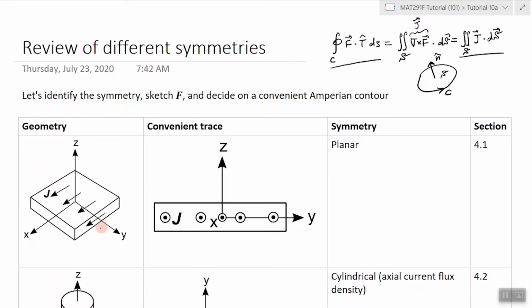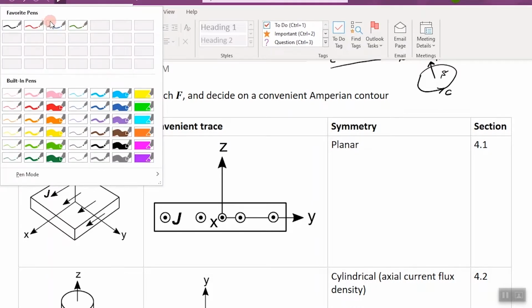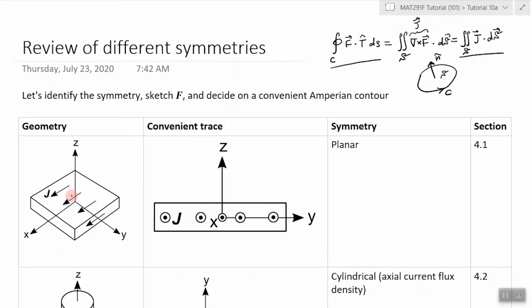For this case, this is a slab. Your vector field would look something like this. All of those currents would produce the field based on the right-hand rule.